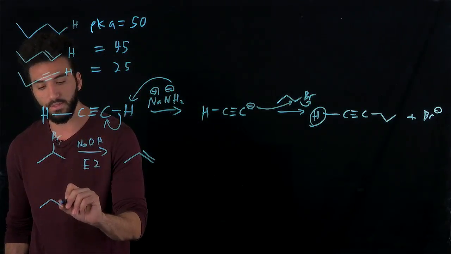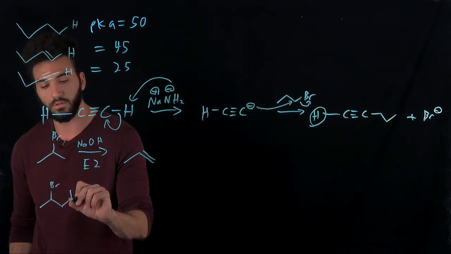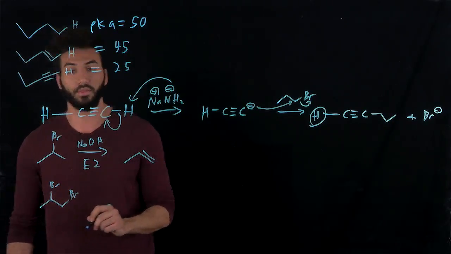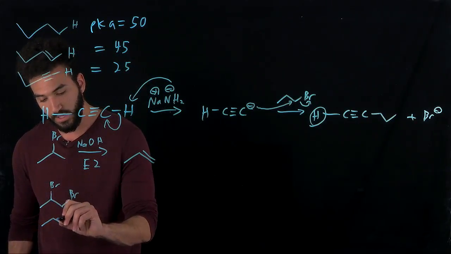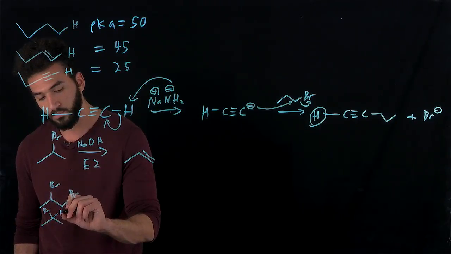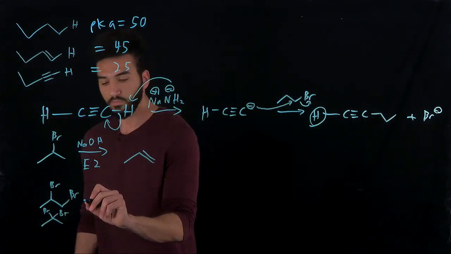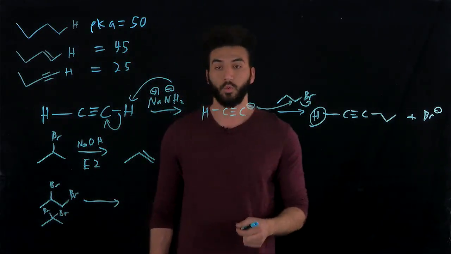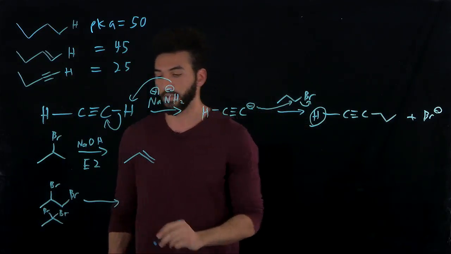We can either get this alkyl halide, so 2 bromines, and that's where the triple bond is going to form, or we can have the bromines here instead. Br there, Br there, and then both of these will react with our base for alkynes, NaNH2, always used for alkynes.